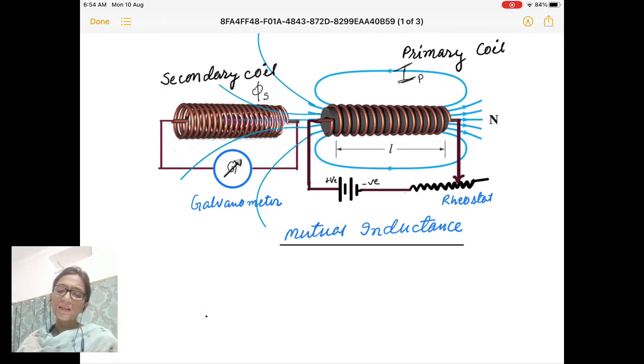So you will find that when current IP is flowing through the primary coil, a flux will be induced in its whole vicinity, and those field lines will also pass through the secondary coil.